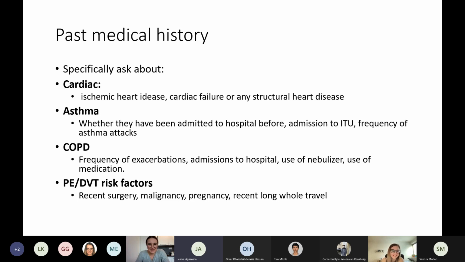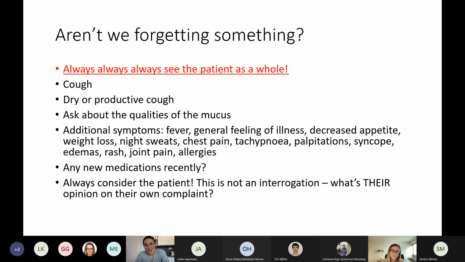Okay. And again, with the COPD, we'd also ask about the frequency of exacerbations, admission to hospital, if they've been admitted before, if they use a nebulizer, or if they use any medication. And again, with PE and DVT, we've already mentioned all of these kinds of things. And just when you think you're done, you are not done.